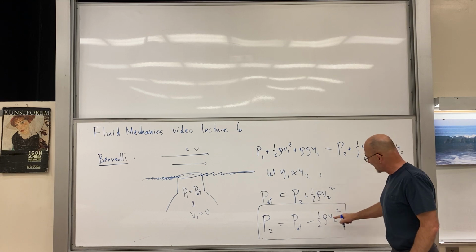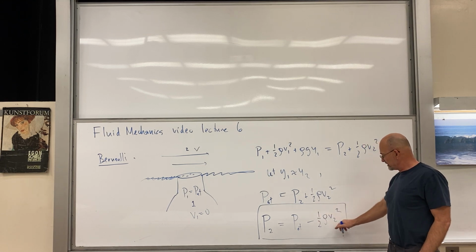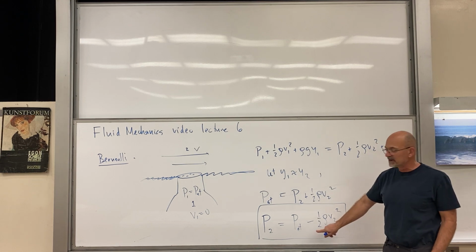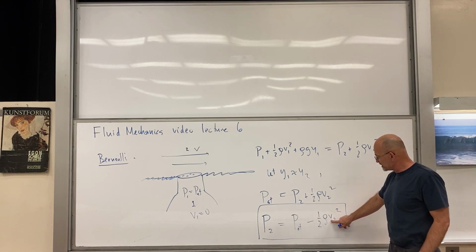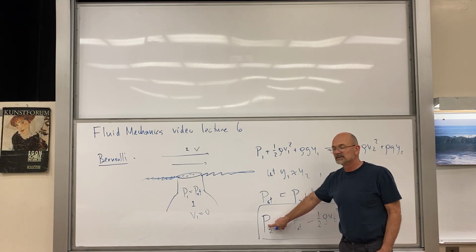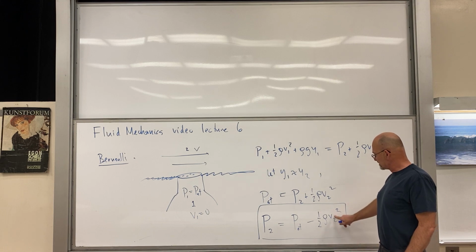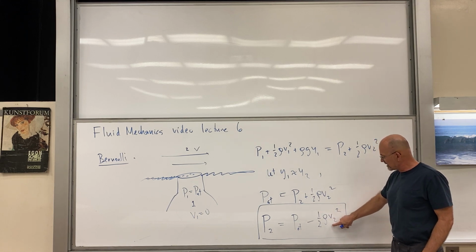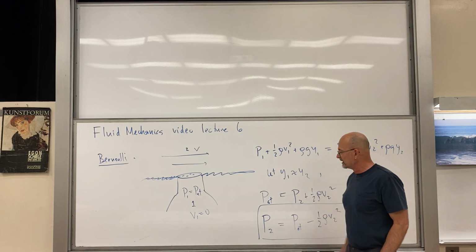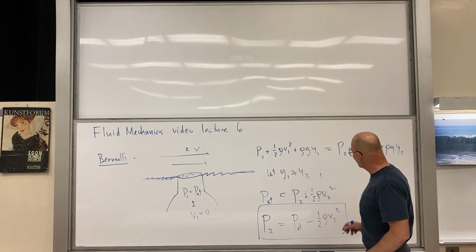The second application is if you just take this to a limit. What if the speed is sufficiently great so that the pressure vanishes? And in fact, since the speed here isn't restricted, what if it's so great that the pressure becomes negative? Okay. So is it possible to have negative pressures?